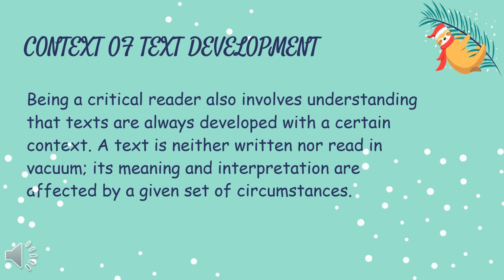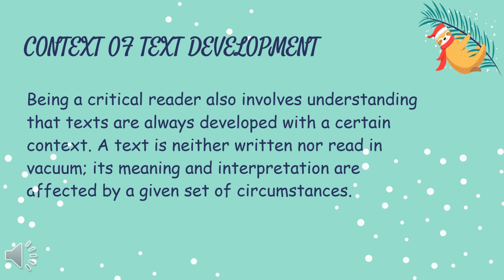In line with the picture being flashed a while ago, class, we can say that it is directly connected with our next lesson, which is all about context of text development. Actually, class, there are so many ways of developing a certain text aside from familiarizing and utilizing patterns of development.